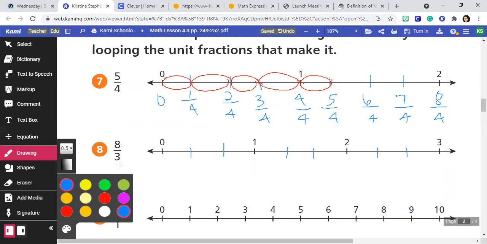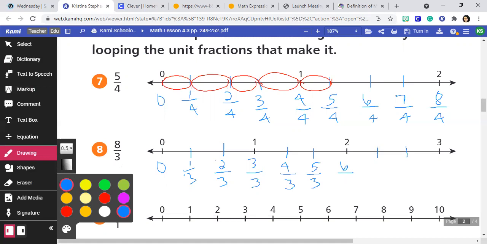Label 0, 1/3, 2/3, 3/3, 4/3, 5/3, 6/3. Oh, why did I put a 7?